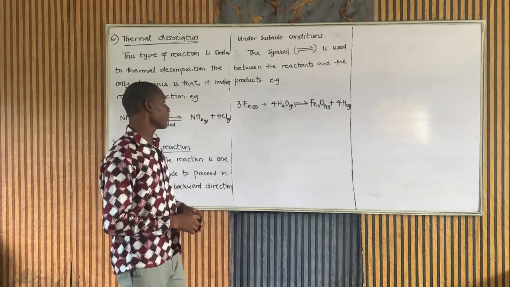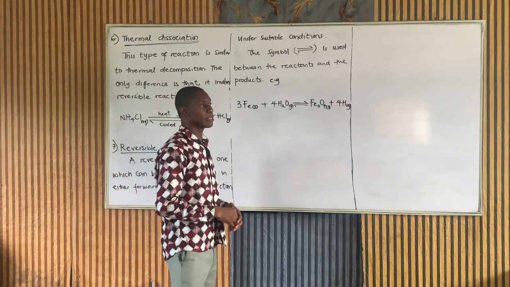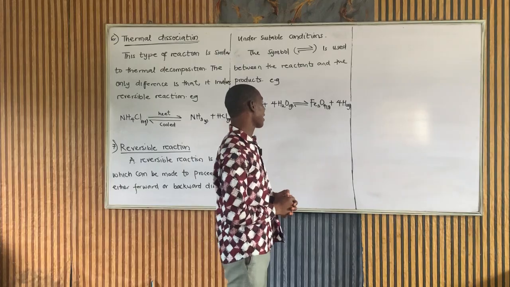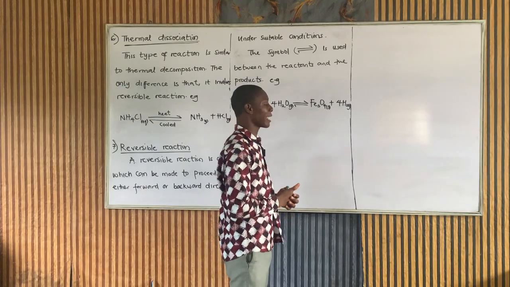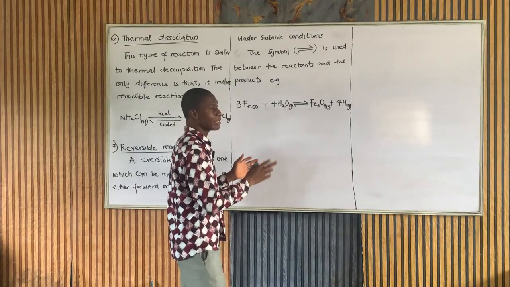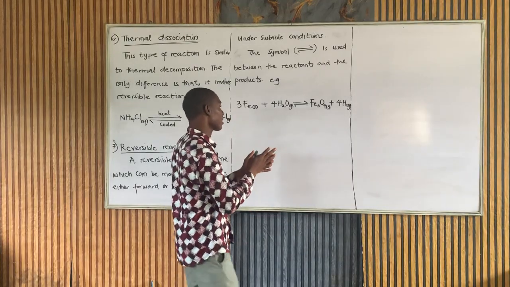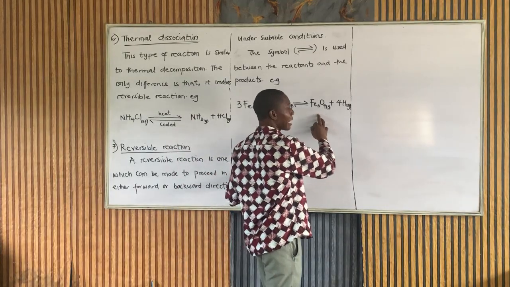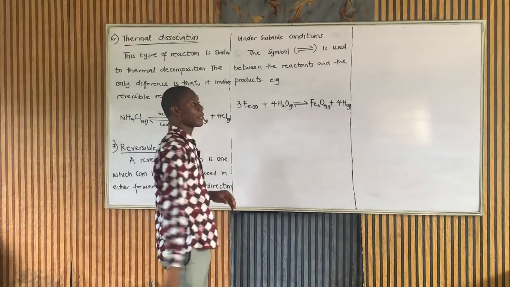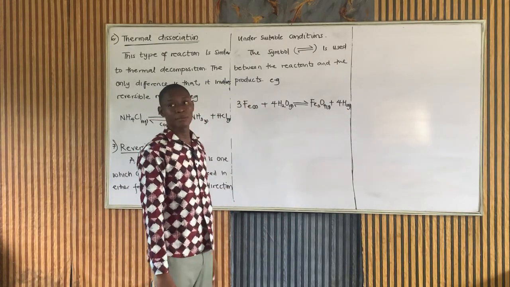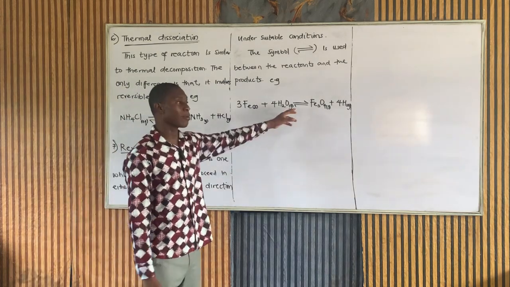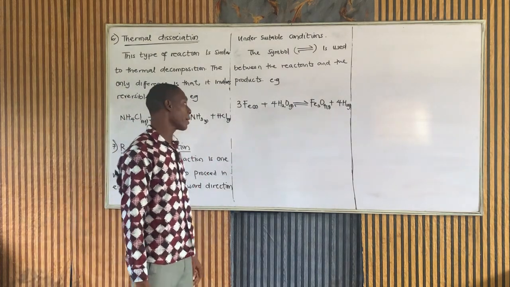We have iron combining with steam to form iron 2, di-iron 3 oxide with hydrogen gas. And this reaction is reversible because iron 2, di-iron 3 oxide can combine with hydrogen gas to form iron plus steam. So that's that about a reversible reaction. It involves a double arrow, one pointing forward and the other one pointing backward.